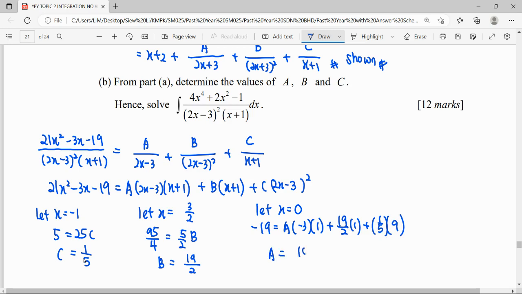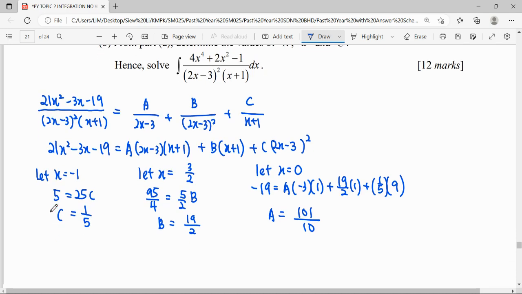So solve for our A. Then finally express back our answer. Substitute back our A, B, C.